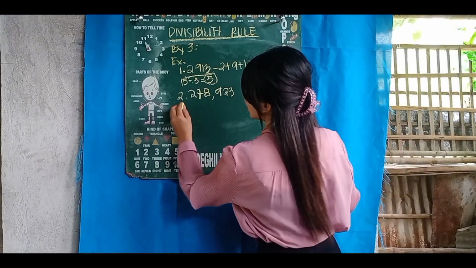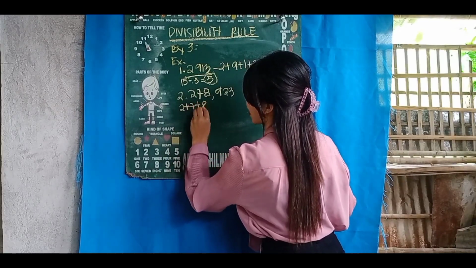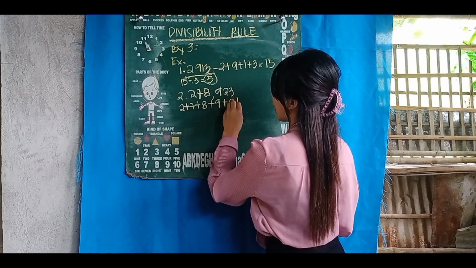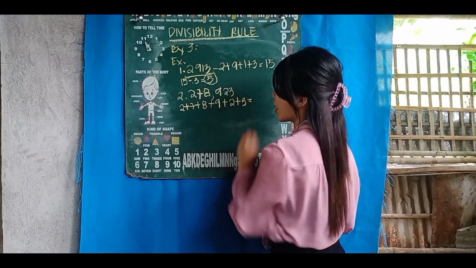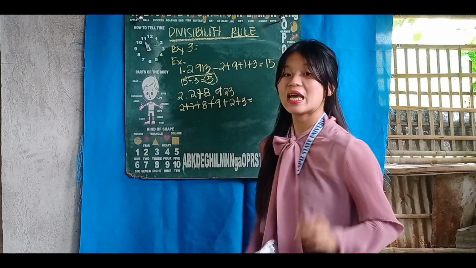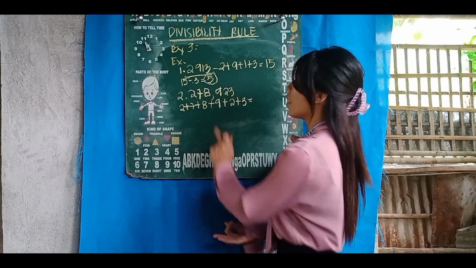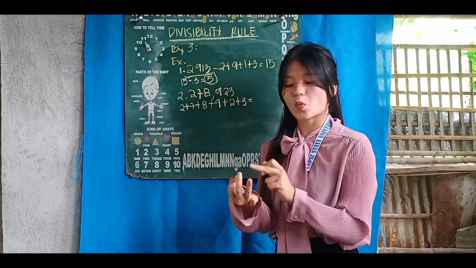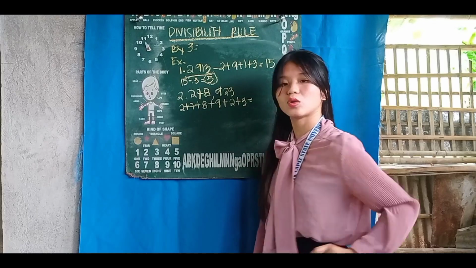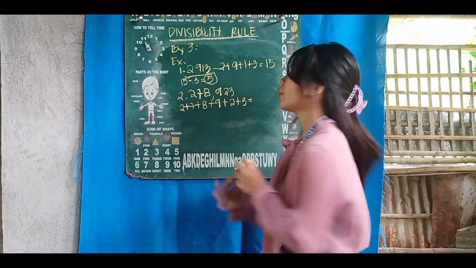So, let's solve. 2 plus 7 plus 8 plus 9 plus 2 plus 3 is equal to what? 2 plus 7, of course, 9 plus 8, 9, 10, 11, 12, 13, 14, 15, 16, 17. Plus 9, 18, 19, 20, 21, 22, 23, 24, 25, 26. Plus 2, 27, 28, and plus 3, 29, 30, 31.